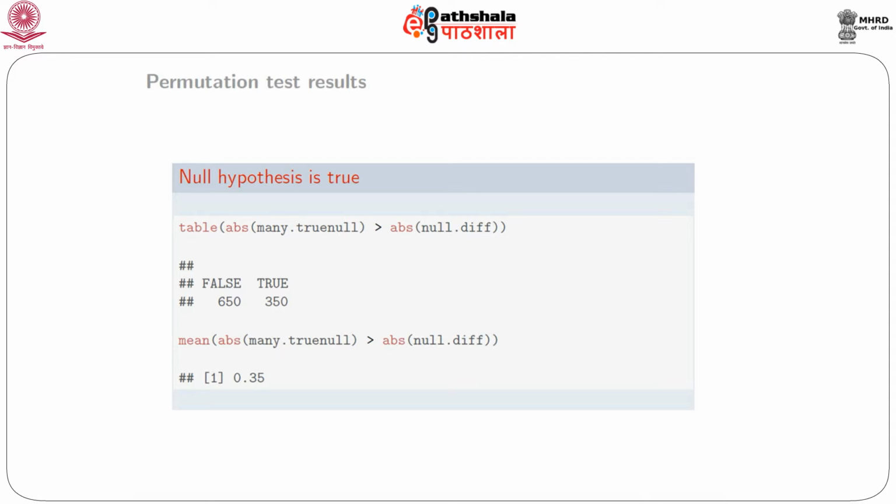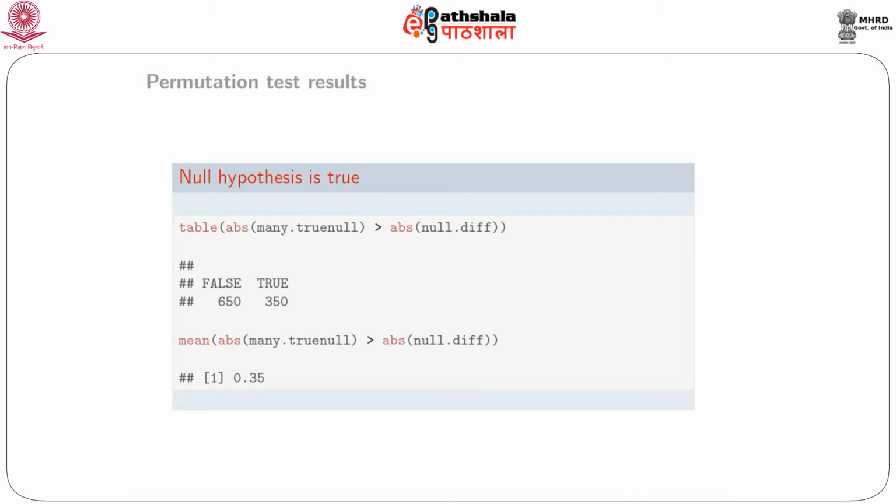Then we can calculate how many absolute values of many.true.null are greater than our computed null difference from the data set, and it comes out that 350 of them are greater than the computed permuted many.true.null. So, 350 of those, or 35%, have absolute value greater than the absolute value of the null difference that we have got from our data. Now, if we take the proportion, we get the value to be 0.35.